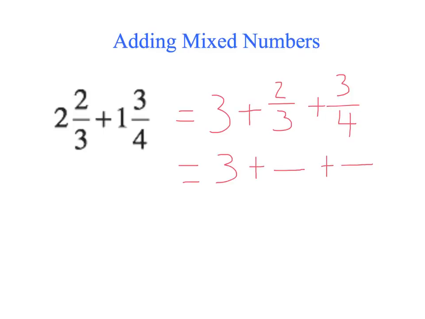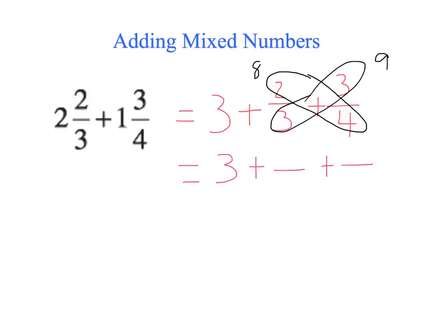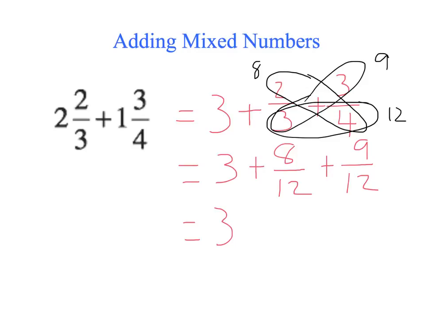I'll do it: 2 times 4 is 8, 3 times 3 is 9, 3 4s are 12. So we'll be using 12ths as our denominator. We have 8 12ths and 9 12ths. So that will equal 3 and 17 12ths.